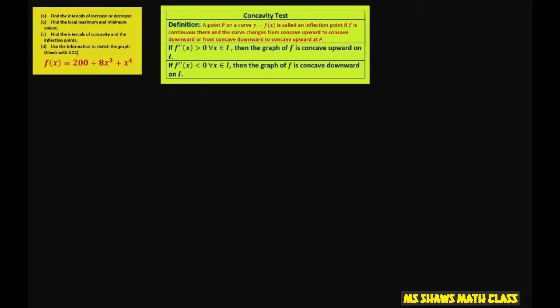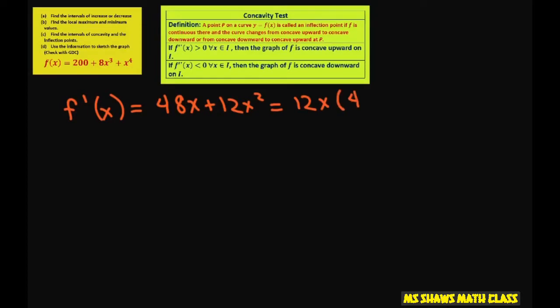Our second derivative, f double prime of x equals 48x plus 12x squared. Now let's factor that. Factor out a 12x, and you're going to get 4 plus x. So we set this to 0, and we're going to get x equals negative 4, and x equals 0.